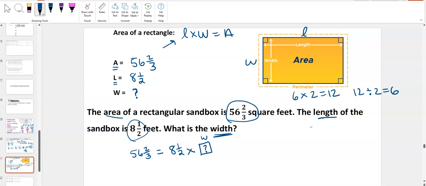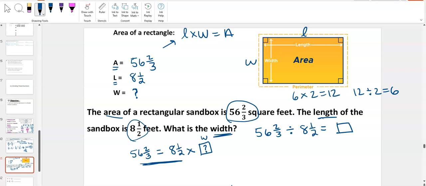So I can actually divide my area by either the length or the width to figure out what the opposite missing piece is. So that's what we're going to do. We're going to do 56 2/3 divided by 8.5. And that will get me that missing piece because they are inverse operations of each other.